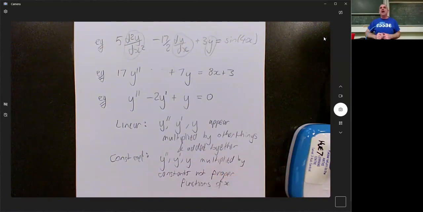Technically, a constant does count as a function of x. It just always produces the same answer no matter what x is. That's why I've said not proper functions of x. And so these are the ones that we can deal with.